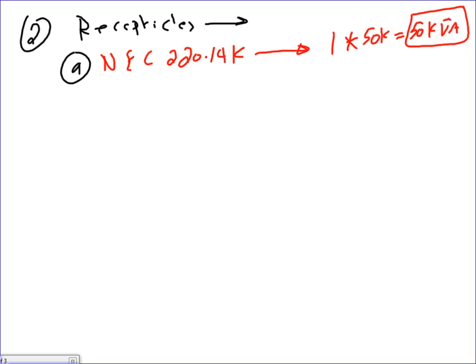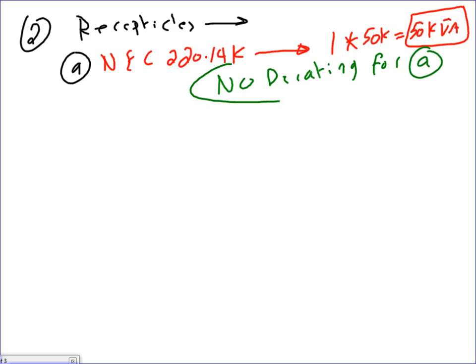Mistake number one that I've seen over the years, Mr. Rabab: a lot of students take this one, Brad, and they derate it. So I want to write right here underneath it, no derating for A. Very important: over the years, I've seen students take this one and derate it.